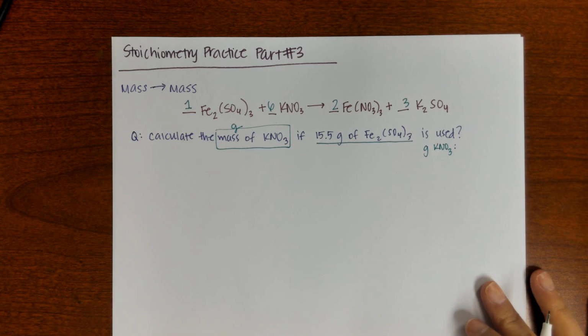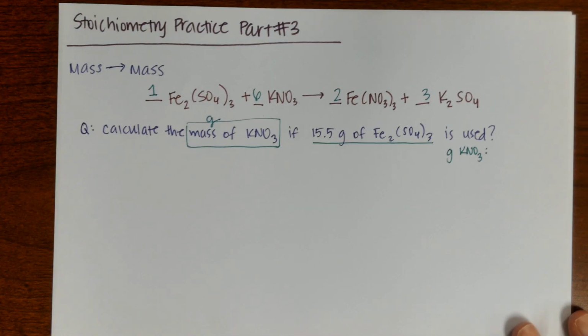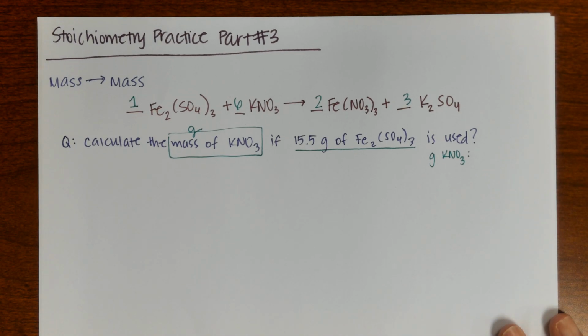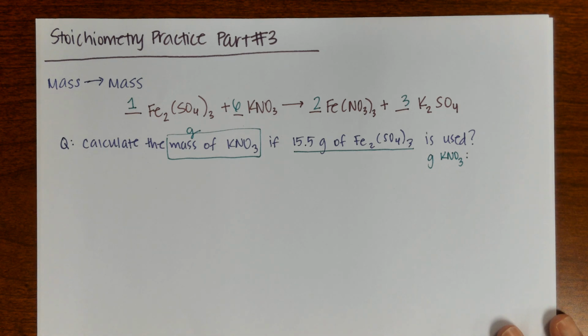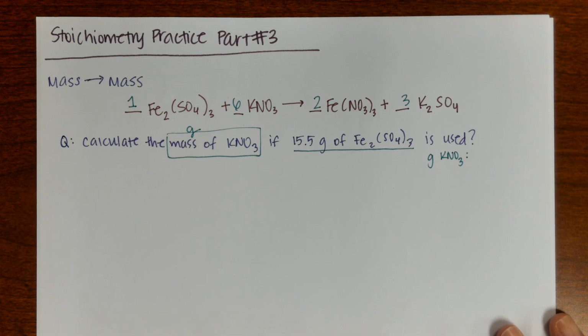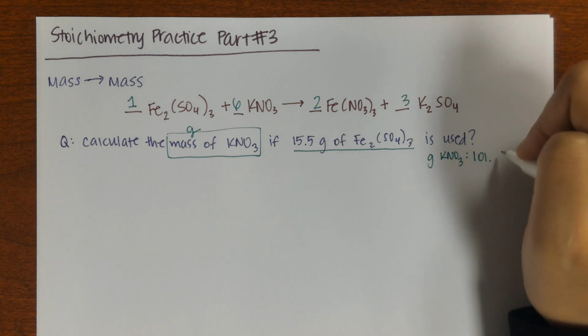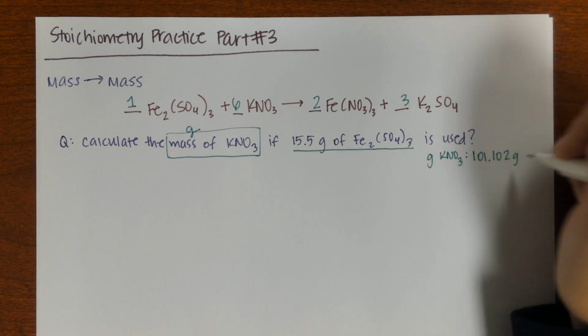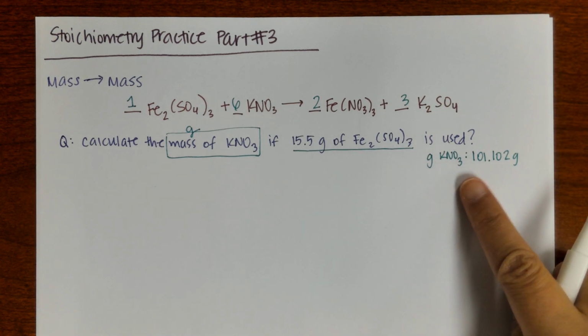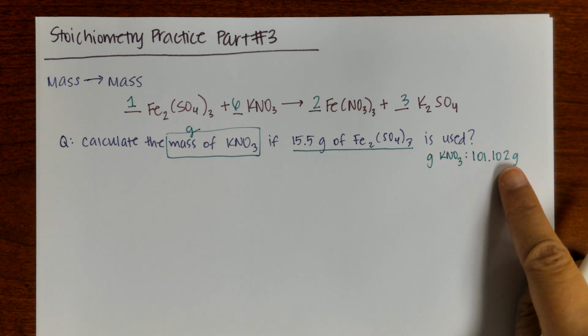You should already know how to calculate the molar mass of anything, so I would pause the video, find the mass of KNO3, and then unpause to make sure you get the mass right. The molar mass of KNO3 is 101.102.